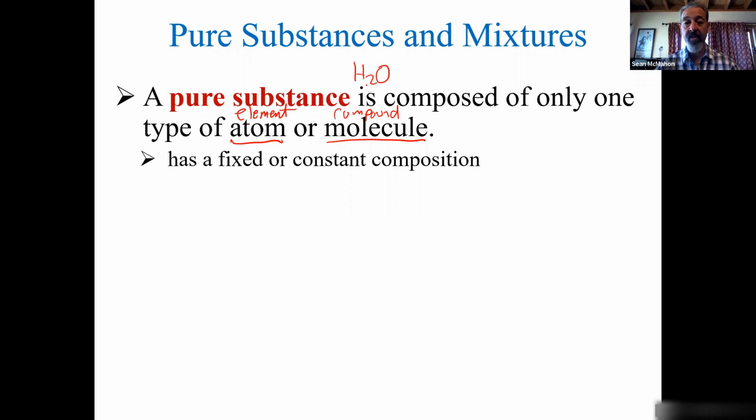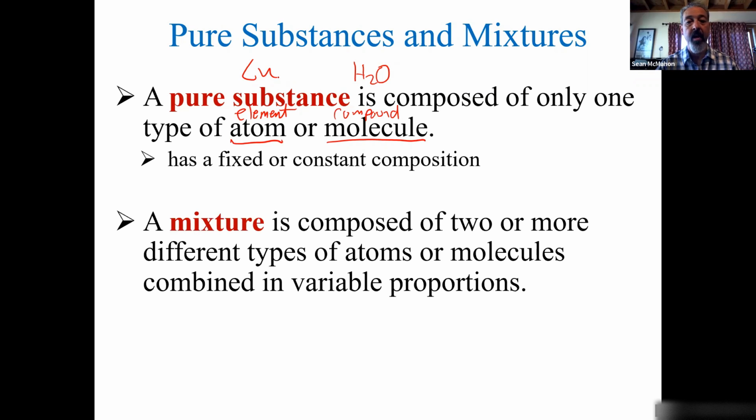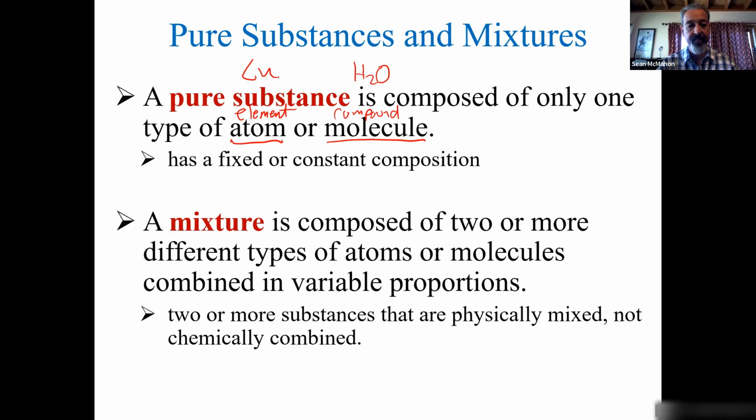So pure substances, whether it be water or an element like copper, have a fixed and constant composition. That's what we saw with the copper, right? A mixture, again, is composed of two or more different types of elements or compounds, combined in different proportions.